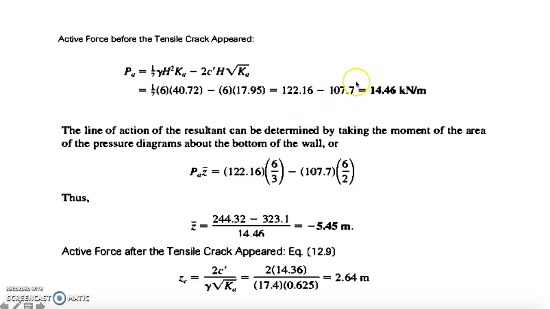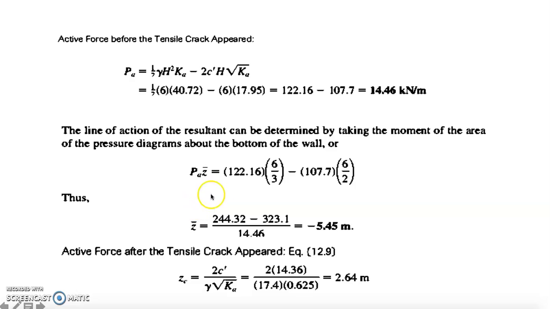Then this is the area of the rectangle that was given a while ago. When you substitute the values, it gives us 107.7. So the area of this triangle times the distance from the centroid towards the bottom of the retaining wall, 6 over 3, minus the area of the rectangle times the distance from the centroid towards the reference point at the bottom of the retaining wall.